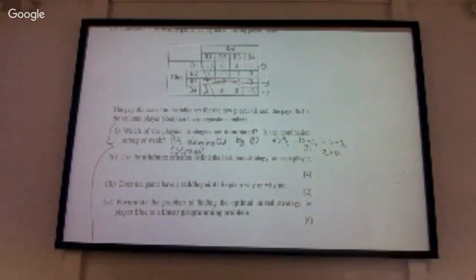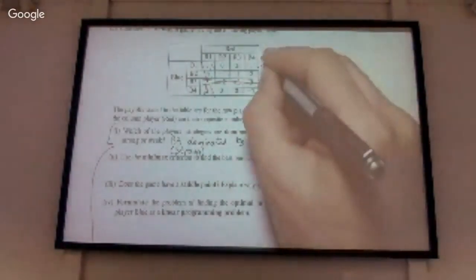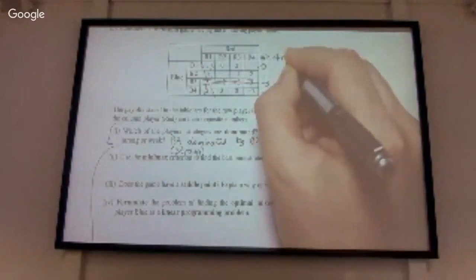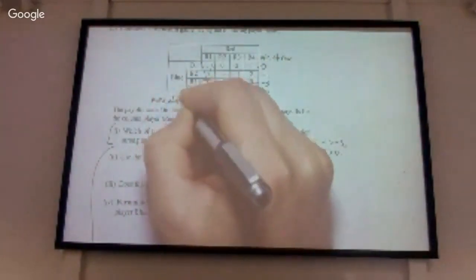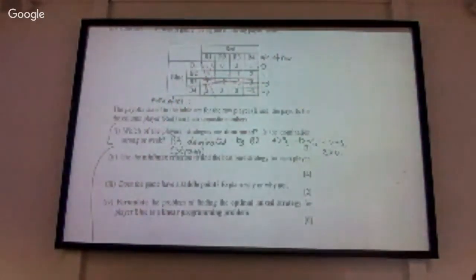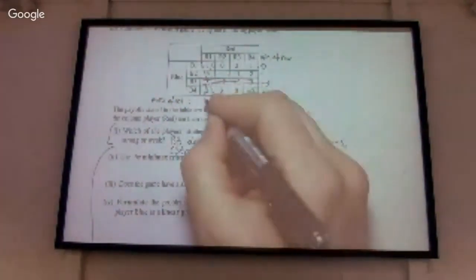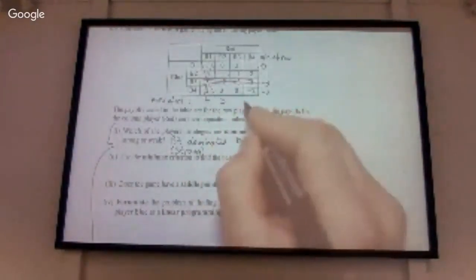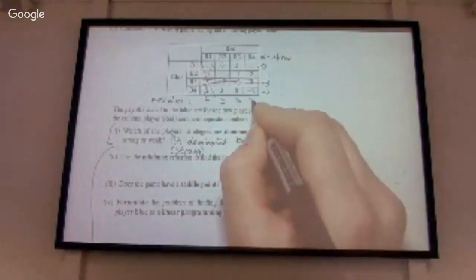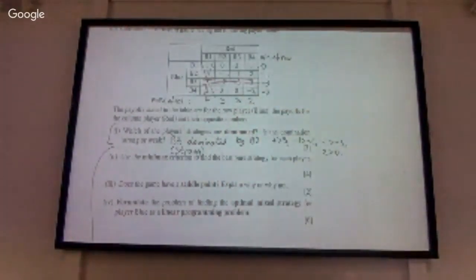Do you agree? So this is min. And what's the max of each column? What are the maxima? 4. 3. 2. Yeah, that's great. So what's next?